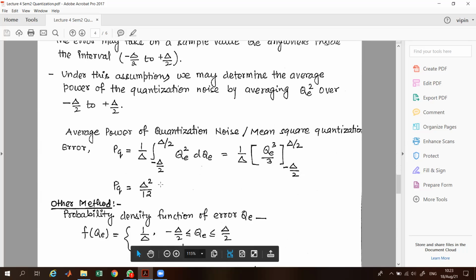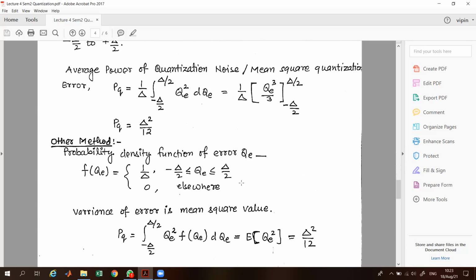Why 12? Delta square came here because there's a delta in the denominator, so the cube is cancelled and it becomes a square. Now, if you need to find it with the help of the probability density function, I don't know whether you know it or not, you use the PDF to find this.